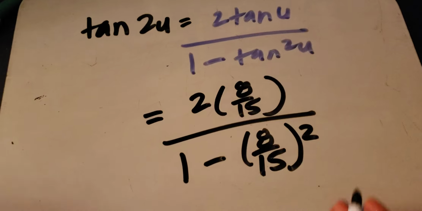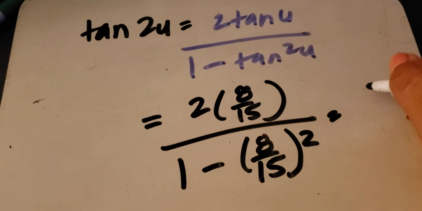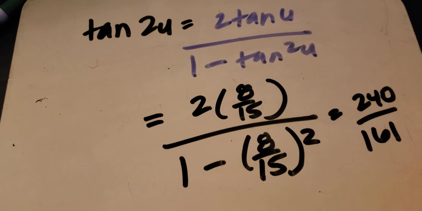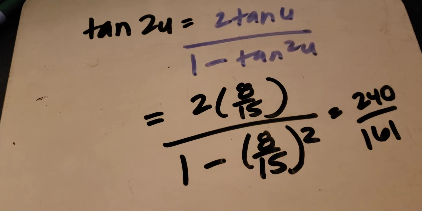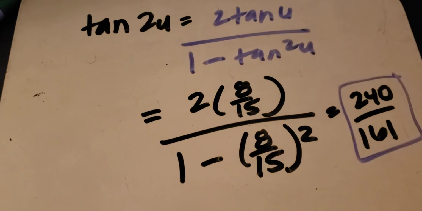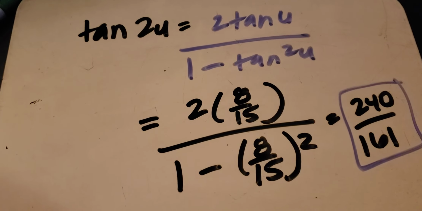Okay? Again, you could just plug this in your calculator and it should give you 240 over 161. Okay? And this is tangent of 2u. So that's it. We're just evaluating. Okay? All right, boys and girls. So I'm going to have you guys try the checkpoint and then check your answers.